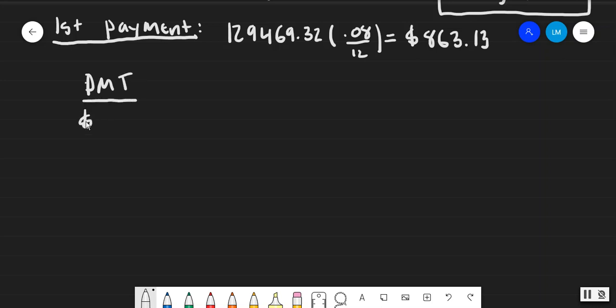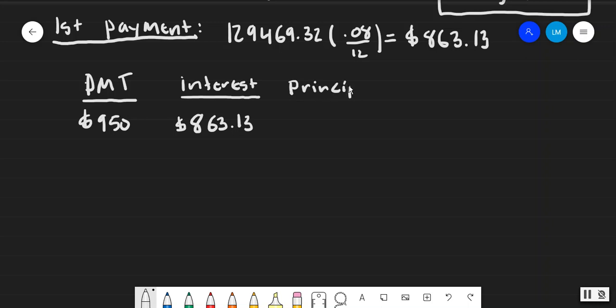So, we know that this was $950. We look at the interest that was due, and in this case, that's 863 and 13 cents. Now, there's an amount that's going to go to the principal.